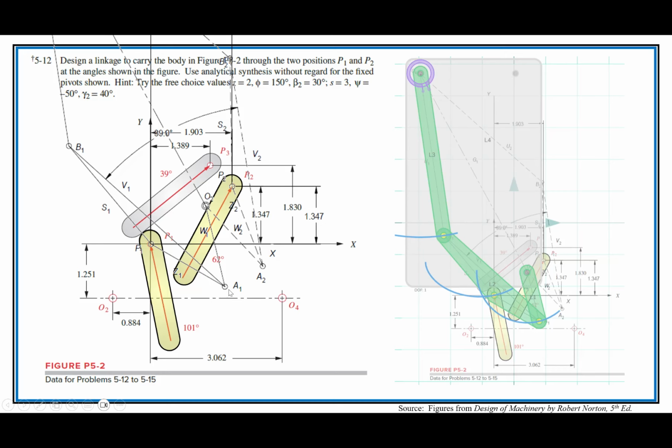Because you could see that here's A1 and B1, and then it doesn't actually pass through the position. So I don't know if I agree with this solution. I don't quite understand why he would have arranged for it that way when it can't be done.